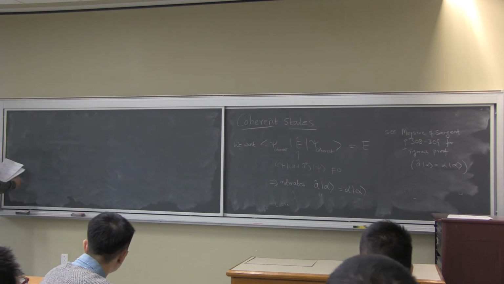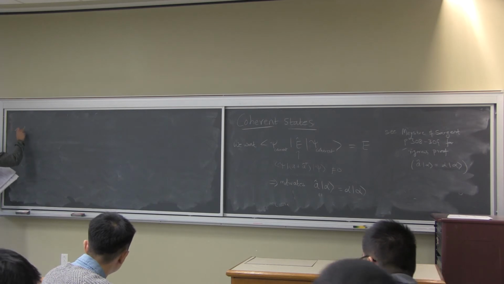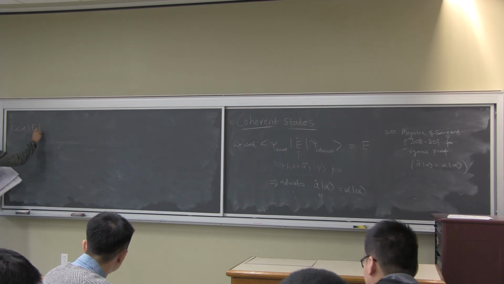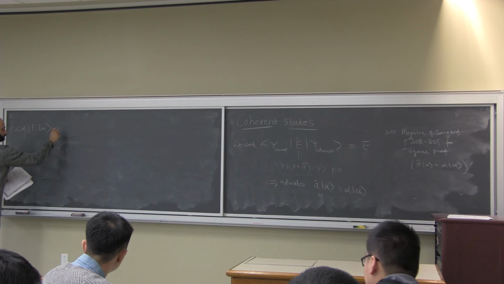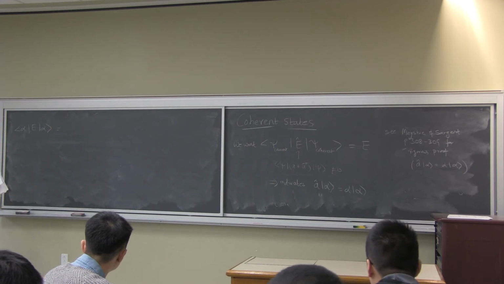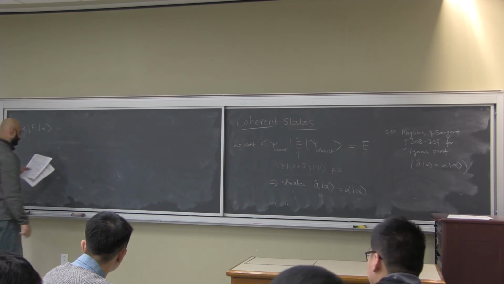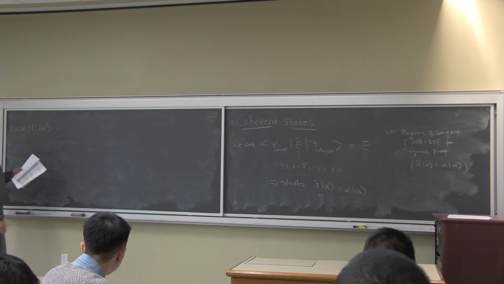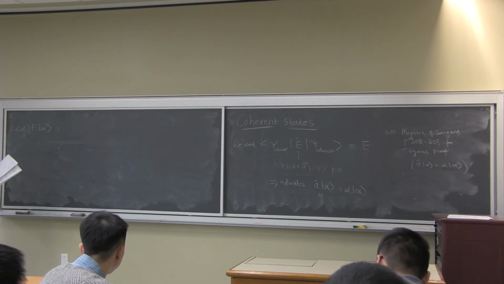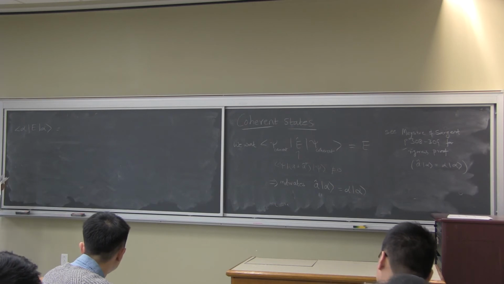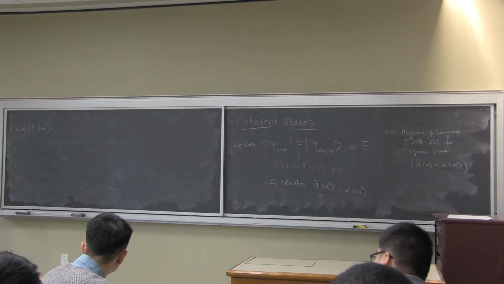Okay, so now let's take the expectation for the electric field in the state alpha that I just defined to be the eigenstate of the annihilation operator A. By the way, you can ask the question, why don't I define an eigenstate of A dagger to be the coherent state? You can actually show that A dagger does not have an eigenstate.